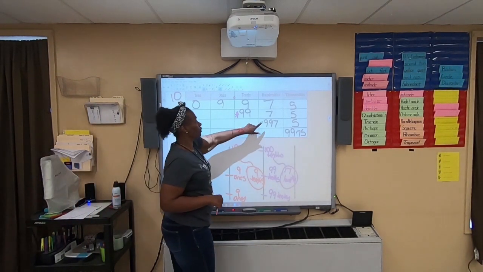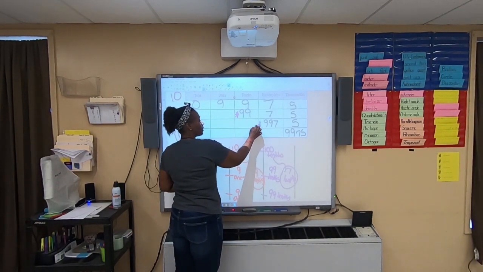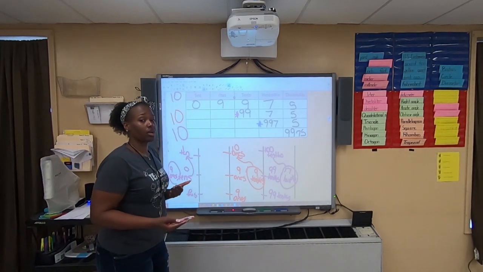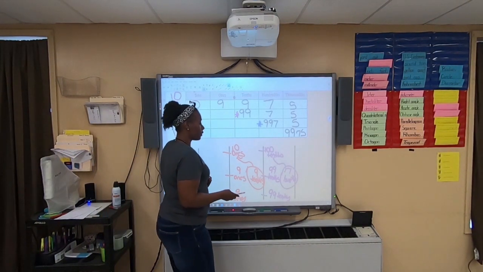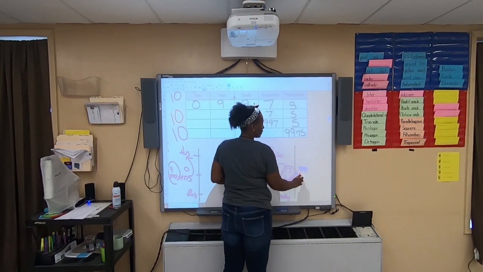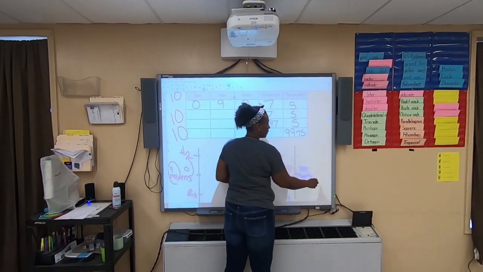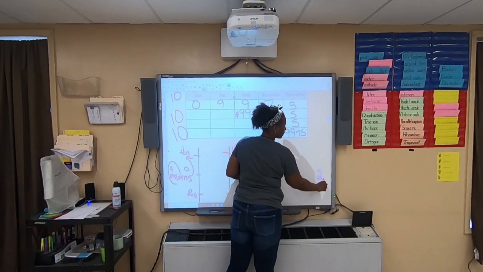Now we're going to round to the hundredths place. When we round to the hundredths place, of course, we start with the decomposed sentence that started in the hundredths place. So in the middle, I want 997 hundredths. And we need that extra 5 thousandths.